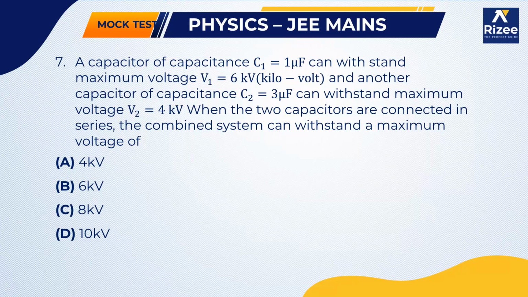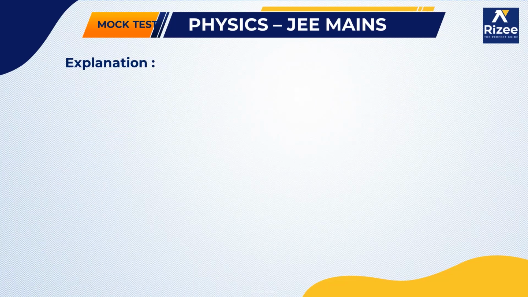Coming to the 7th question, a capacitor of capacitance C1 can withstand a maximum potential of 6 kilovolts, and another one can withstand a maximum of 4 kilovolts. They are connected in series, so let me draw the diagram.